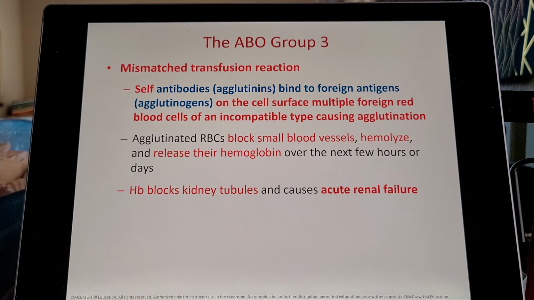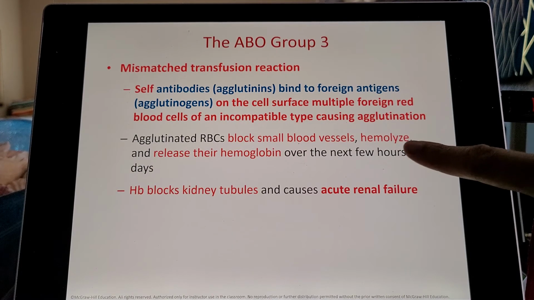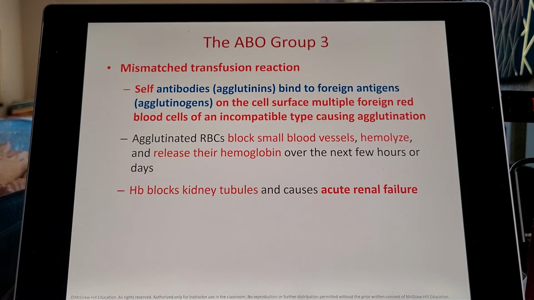So the antibodies we make are going to bind to the red blood cells that are foreign, causing agglutination, that clumping again. Because they are big clumps, and because we have these ridiculously small blood vessels, they end up blocking those blood vessels. And because they're trying to get shoved through these really tiny blood vessels, those foreign blood cells will hemolyze. This is just a shorter version of lysis, to break apart. So we're breaking apart those foreign red blood cells.